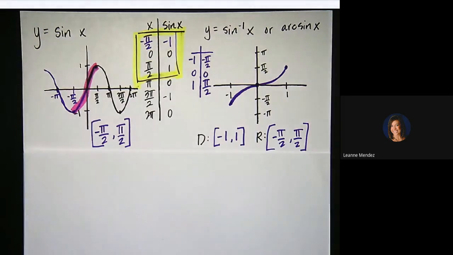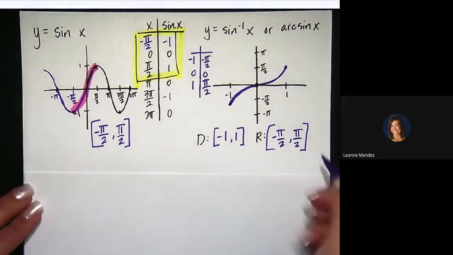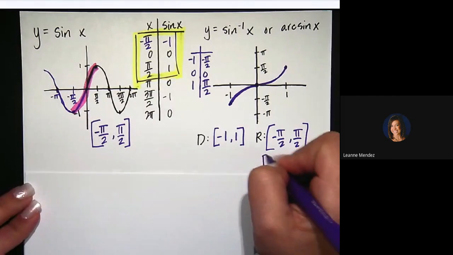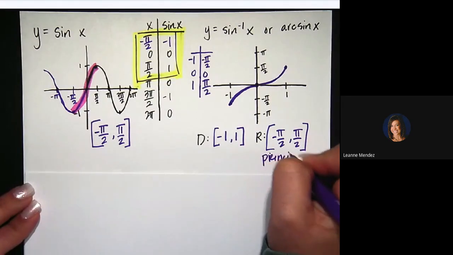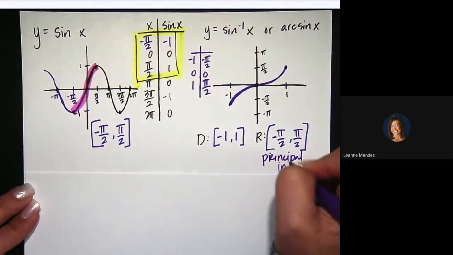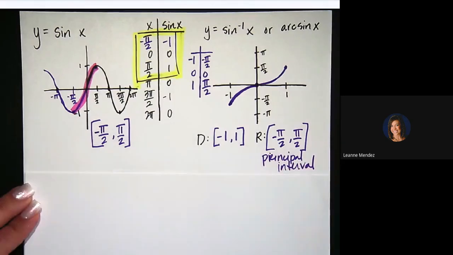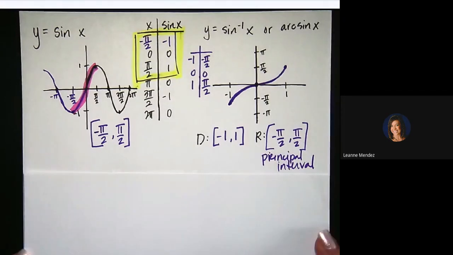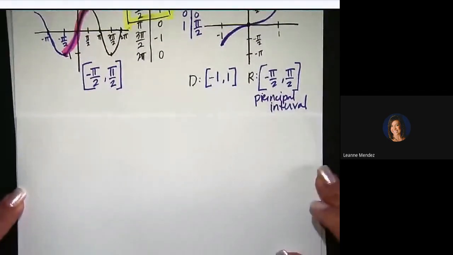Which means now that this negative pi over 2 to pi over 2 is sine's principal interval. So it's going to be different as far as the quadrants that it covers compared to cosine.